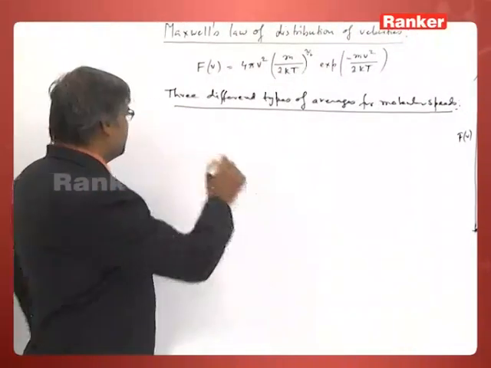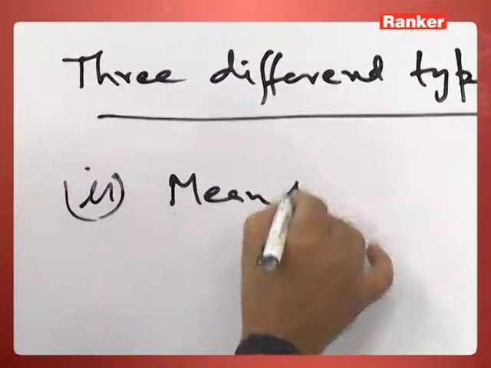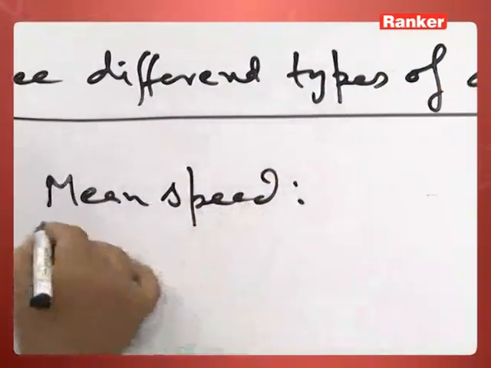Now, the second type of average is the mean speed of molecules.